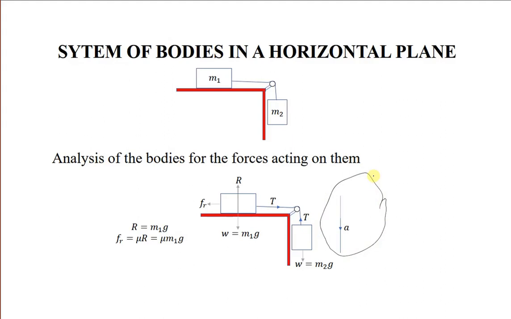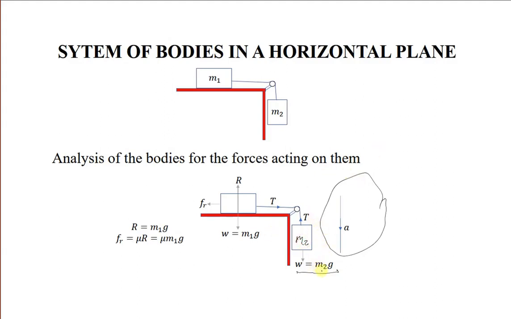Now, if the body is moving down, we will be having what? The weight of the body is always down. Either you assume up or down for direction, weight is always vertically downward.